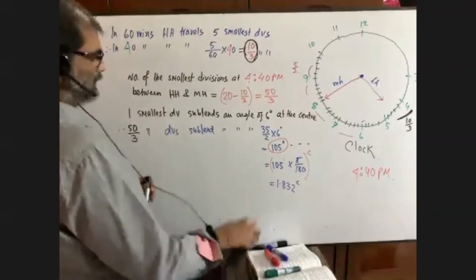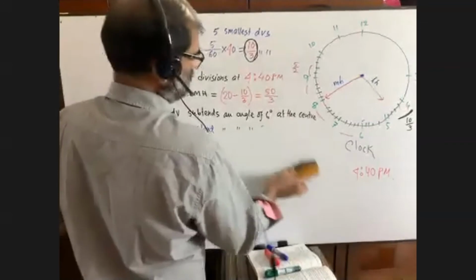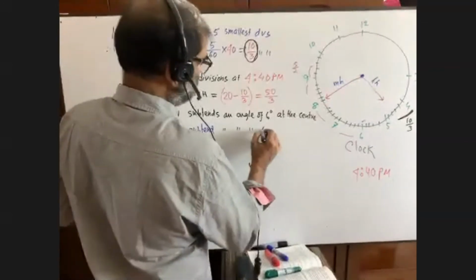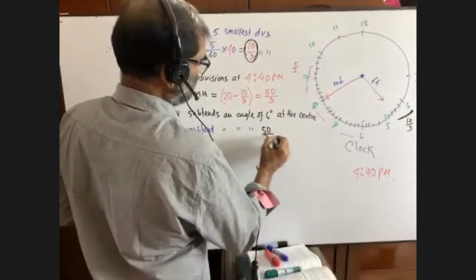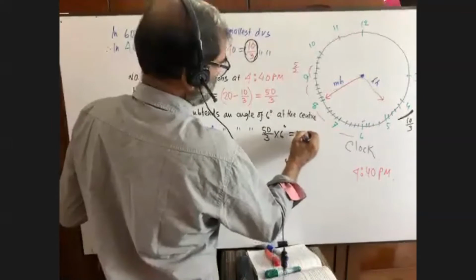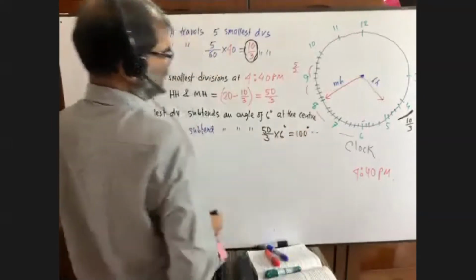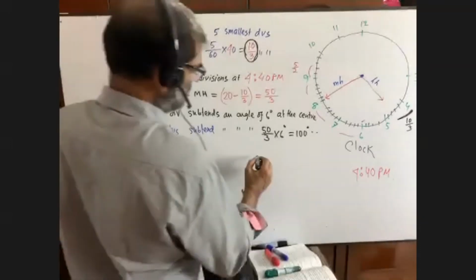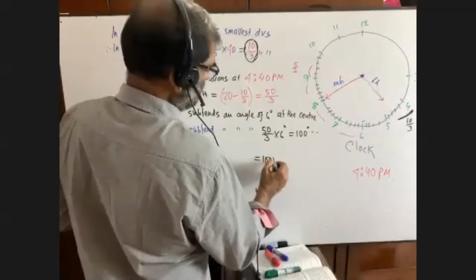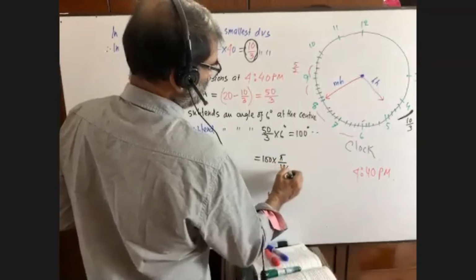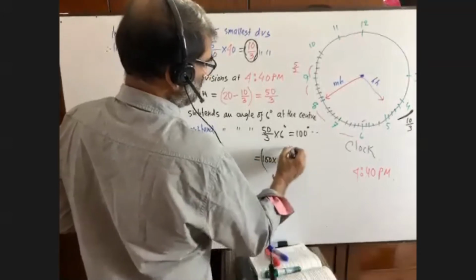So we will get here 50 by 3 into 6 degree is equal to 100 degree at the center. So 100 degree equals to what? 100 into pi by 180 radian. Now calculate please.